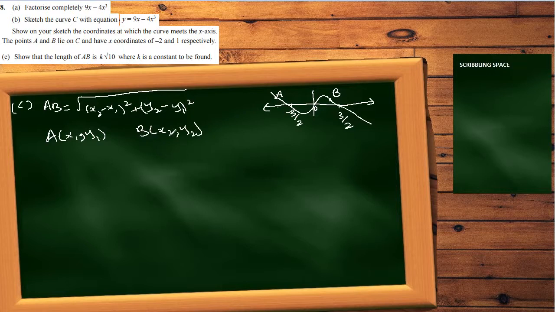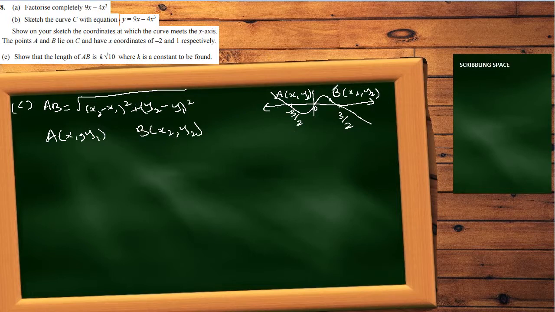The x and y coordinates of A are x1, y1, and those of B are x2, y2. We already know x1 and x2, which are minus 2 and 1. We need to work out y1 and y2 and then put them in this formula to get the distance. Now, how do we get y1 and y2?